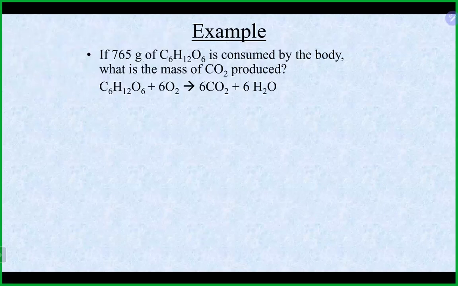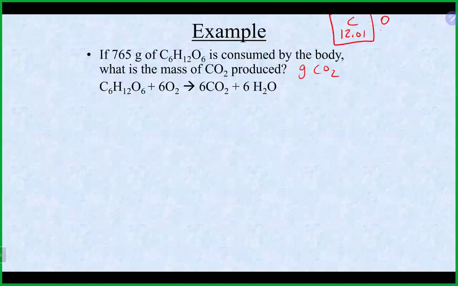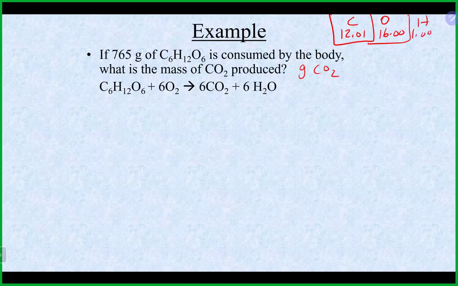If 765 grams of C6H12O6 is consumed by the body, what is the mass of CO2? So basically, what is the grams of CO2 here? Give you some numbers: 12.01 for carbon, oxygen 16, hydrogen 1.008. All right, take a few moments. Again, go through the same 4 steps in order. See what you end up with.